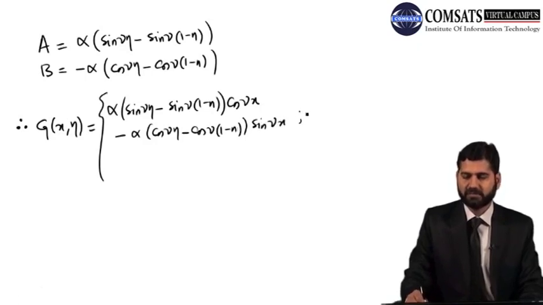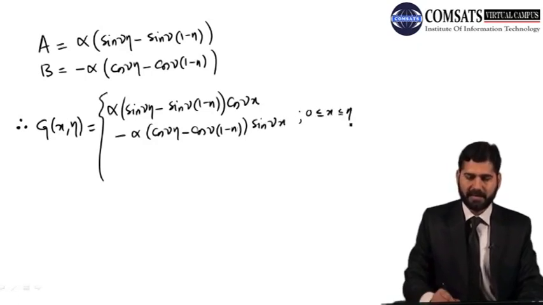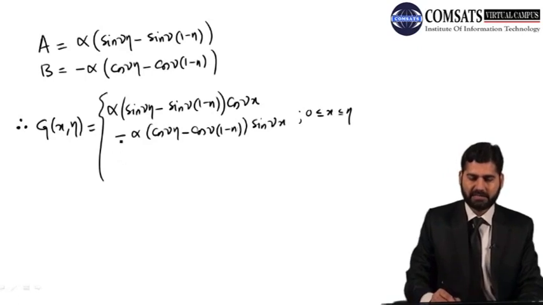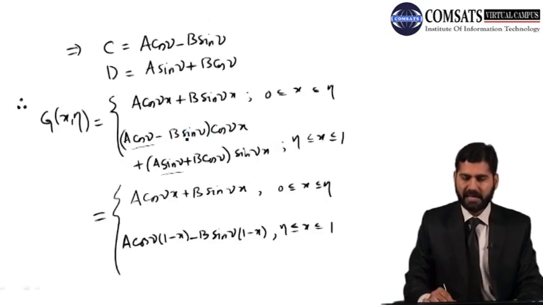So this is one, and the second is again A cos nu (1 minus x) and B sine nu (1 minus x), with a minus sign. So you are getting exactly the same thing.